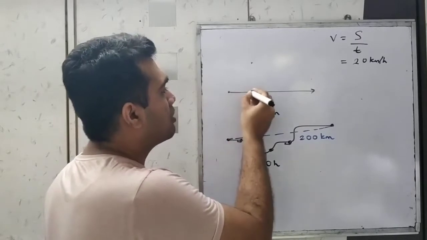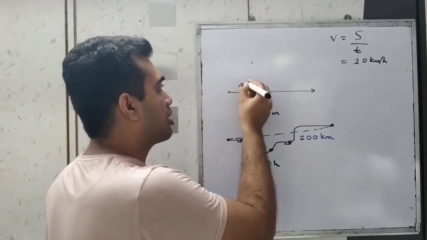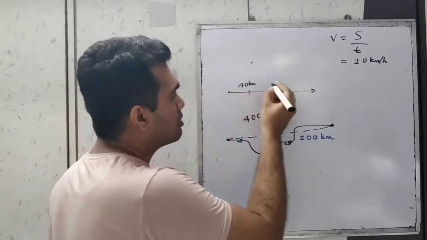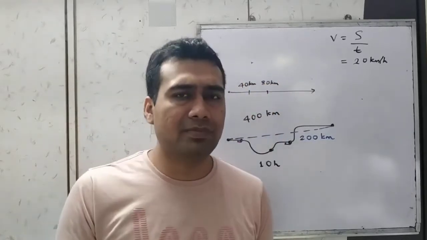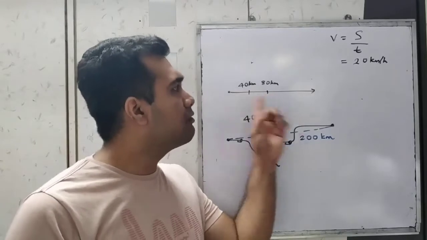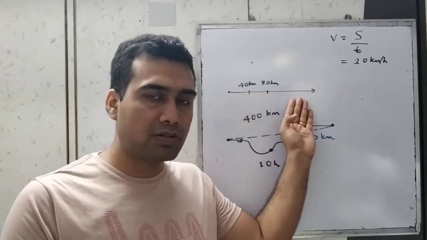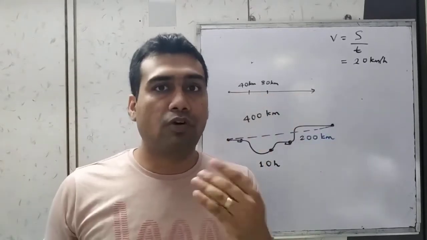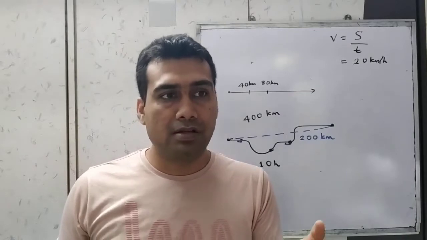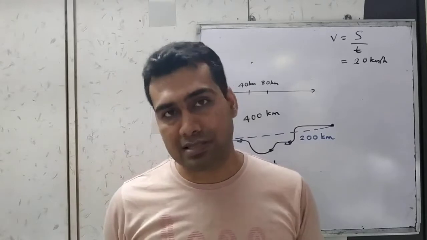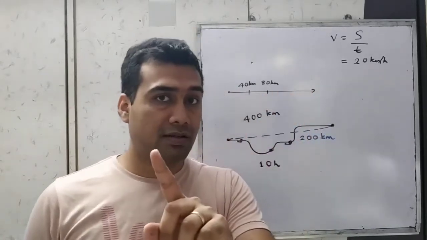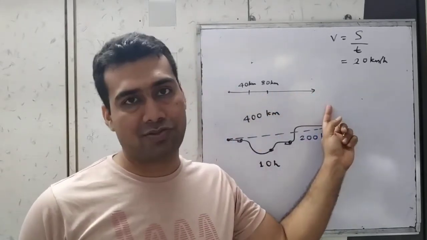So after 1 hour, it covered 40 kilometers. After the second hour, it covered 80 kilometers. So it is covering equal distances in equal intervals of time. So the instantaneous speed will always be 40 kilometers per hour, and the average speed is also 40 kilometers per hour. The instantaneous velocity can be equal to the average velocity similarly, but for velocity the direction should not change.